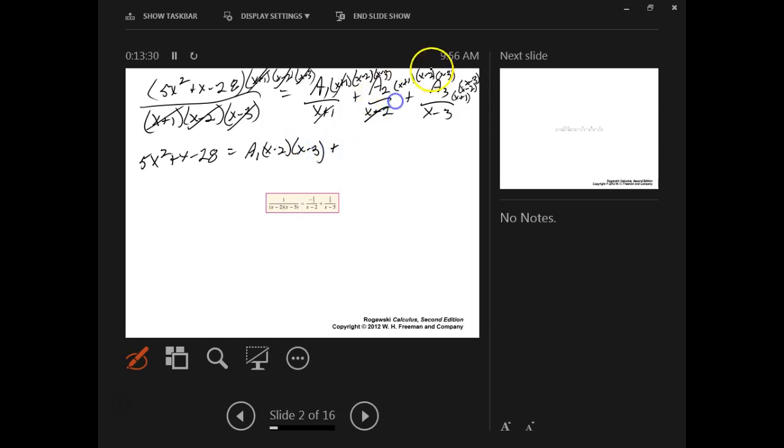Plus, here the x minus 2's go out, and that would be A2 times x plus 1 times x minus 3. You do the last one for me. Plus A3 times x plus 1 times x minus 2, because the x minus 3's go out.